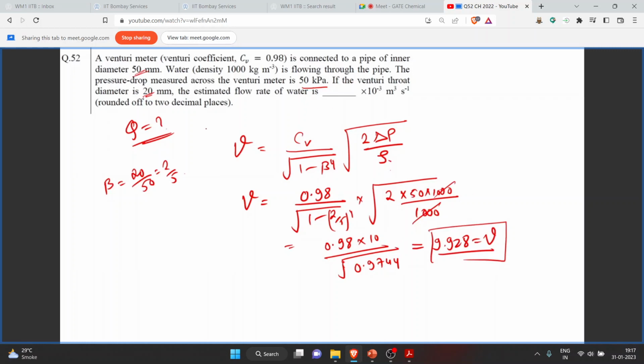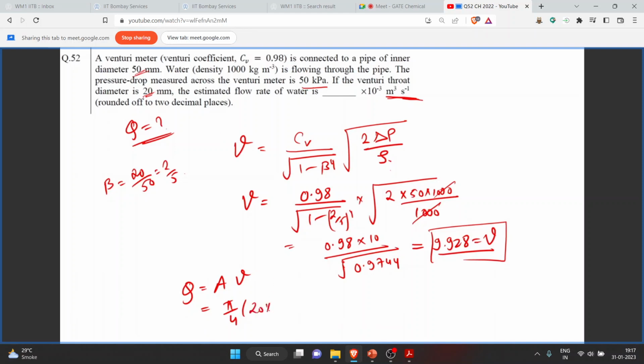Since we have been asked to find the volumetric flow rate in meter cube per second, we can just multiply this by the area. So Q will be area times V. Area is pi by 4 d square. The diameter to be considered is the diameter of the venturi throat.